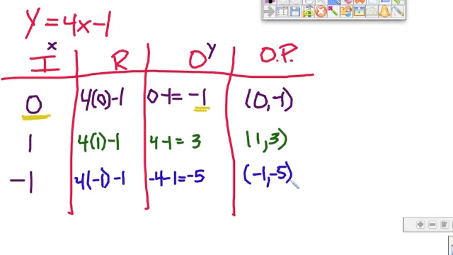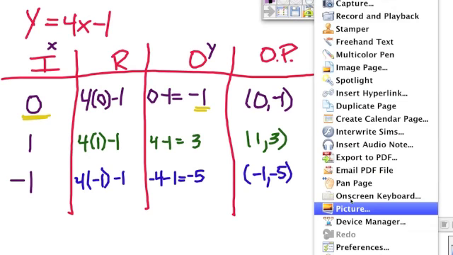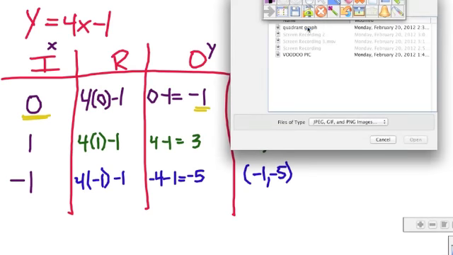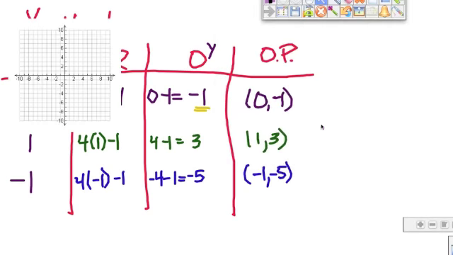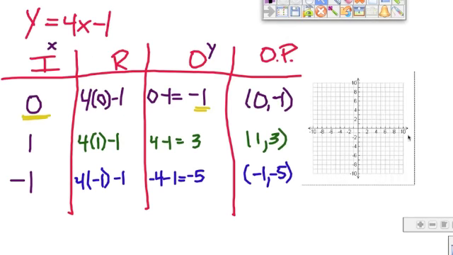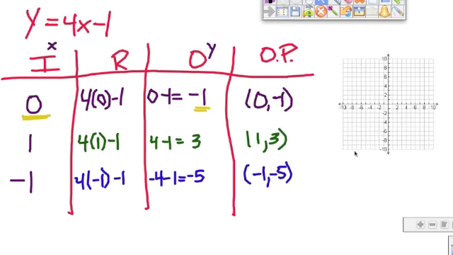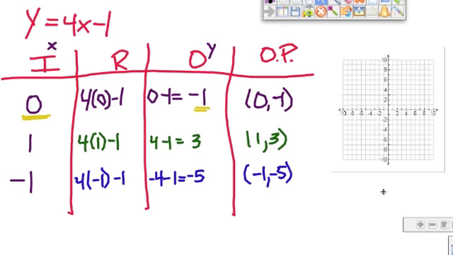Now when I go to graph this, let's see if I get an actual function. So let me go ahead and insert my picture real fast. Let's see if I can make that just a wee bigger.